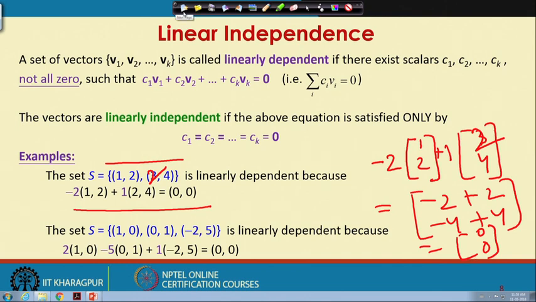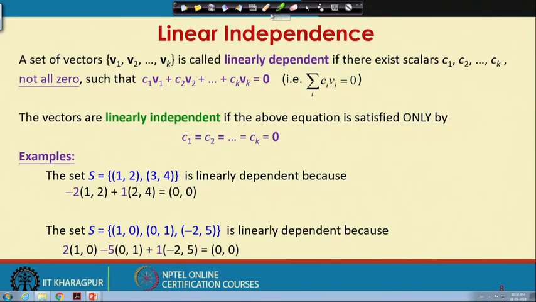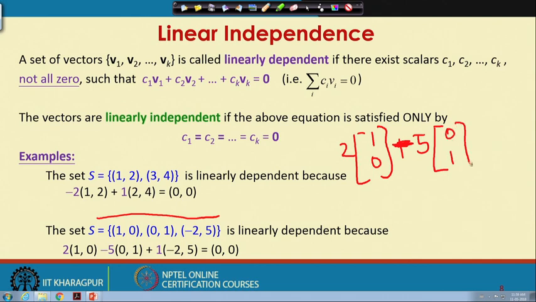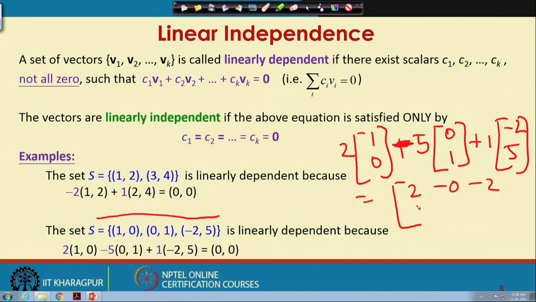Similarly, the vectors (1, 0), (0, 1), (minus 2, 5) are also linearly dependent, because you can show that 2 times (1, 0) plus minus 5 times (0, 1) plus (minus 2, 5) equal to (2 minus 2, 0 minus 5 plus 5), equal to (0, 0).